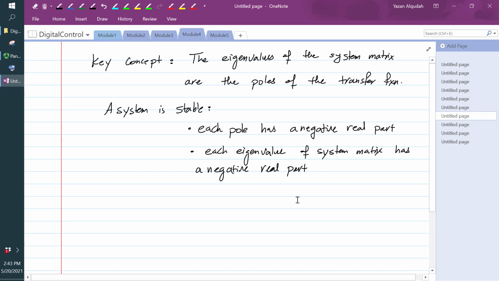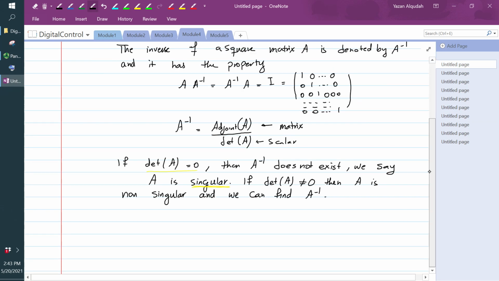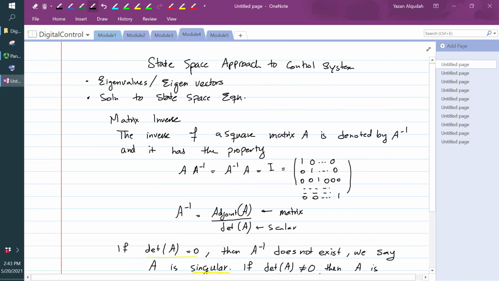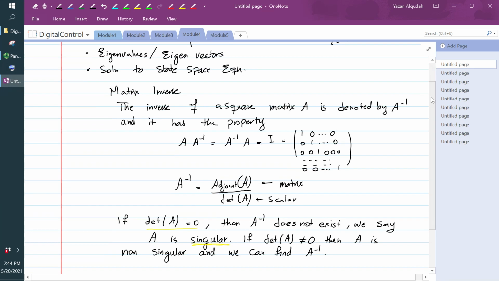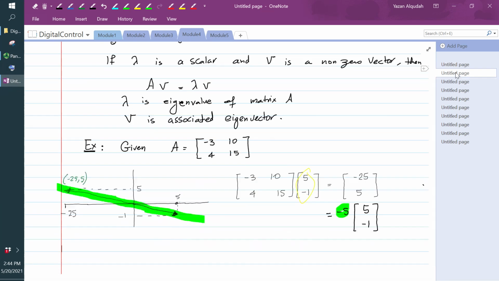Okay. So again, to recap what we've done, we introduced the concept of the eigenvalue and eigenvectors. We explained what eigenvalues and eigenvectors mean from the algebraic point of view or from a transformation point of view.